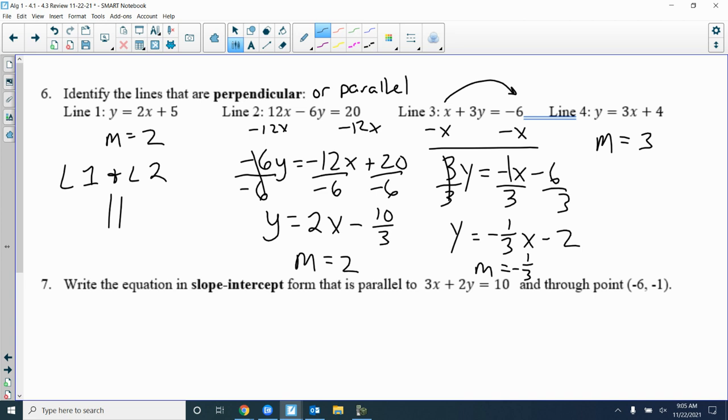What about these slopes right here? Are they opposite? So they have a chance to be perpendicular. What's the reciprocal of 1/3? 3 over 1. So these two lines right here, guys, are perpendicular.